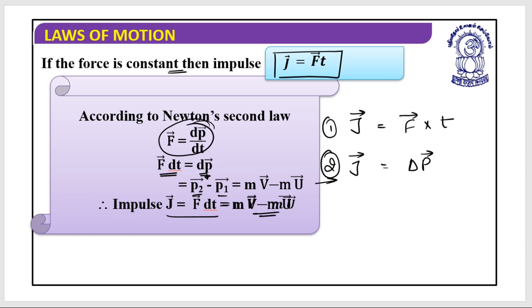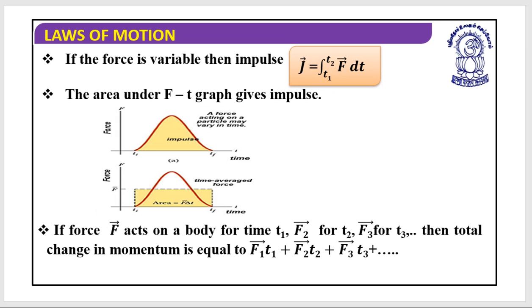Is it clear? Now let's look at one of the most favorite approaches of the examiners. Let's suppose they have given that your force is variable, and you need to calculate the J. So what you are supposed to do is integrate your force with respect to time from the initial time to the ending time.